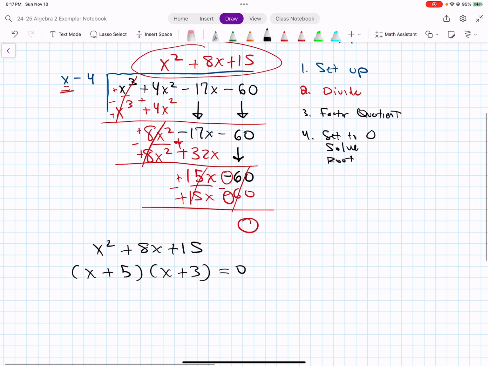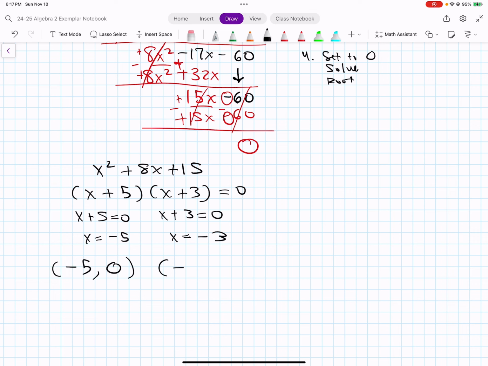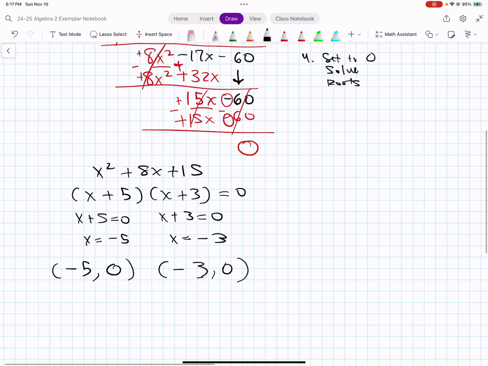Because we're using the zero product property, each of these binomials is set equal to 0, because we're looking for the coordinate points that are on the x-axis. And so we get x equals negative 5, x equals negative 3, and then all my other roots are negative 5, 0, and negative 3, 0. So these are my other two roots.